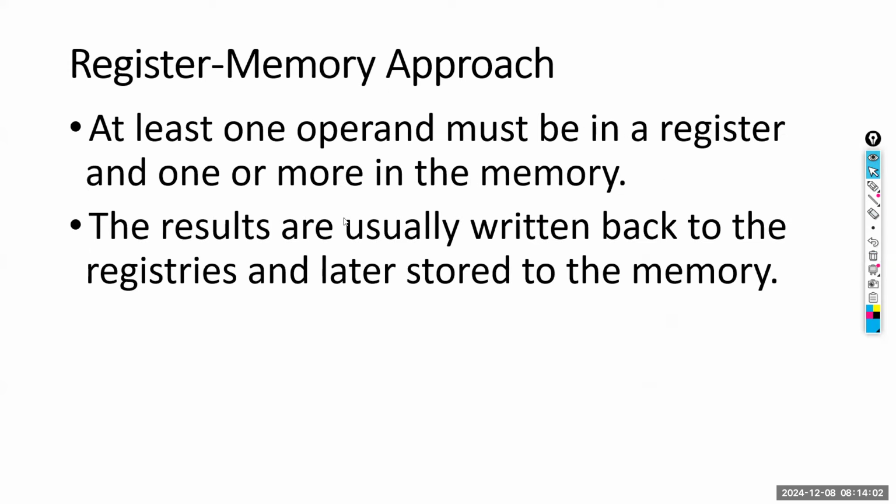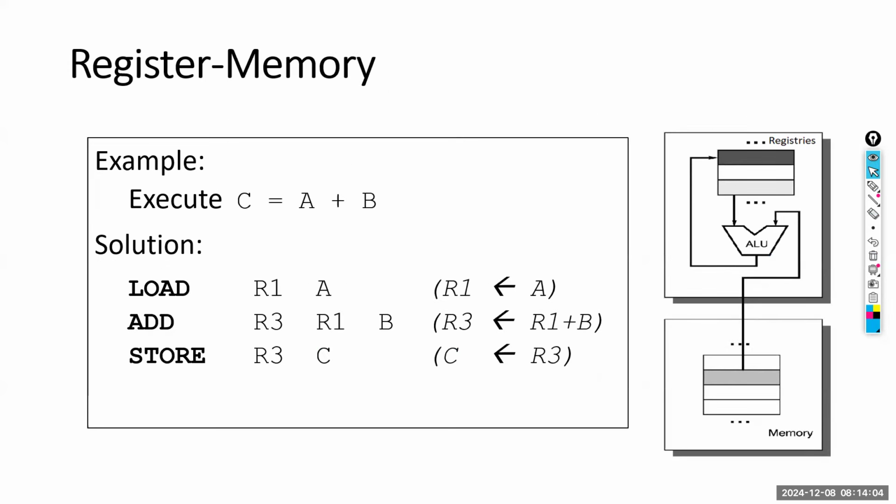If you go for the register memory approach, your ALU can not only refer to the registers, it can directly get data from memory. But the results are usually written back to registers, or even they can be directly written to the memory as well. So it's a mixed mode. That means the ALU can get data from both registers and memory. Okay.